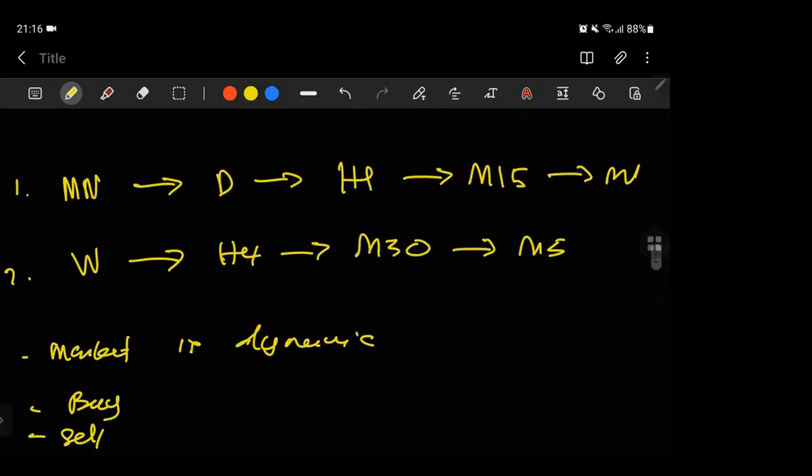So the flow gonna look like this. If the monthly is buy, the weekly is sell, and the daily should be buy, H4 is sell, and this thing goes on and on like this.